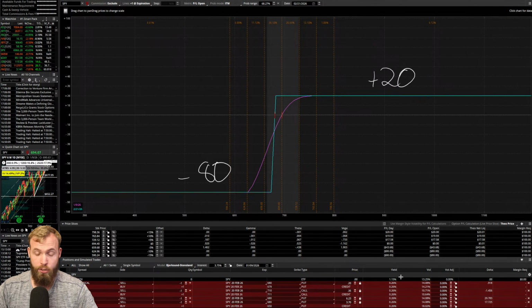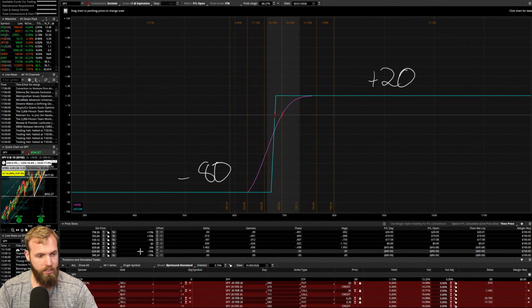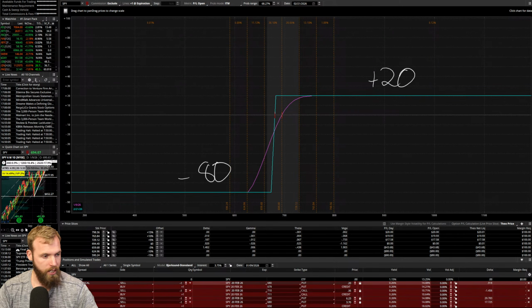This applies to short options in general, but it's absolutely exacerbated by verticals, because in short options, we absolutely take more overall risk. Let's say that the market drops 10%. In this scenario, you lose 80 bucks if it drops 10%.